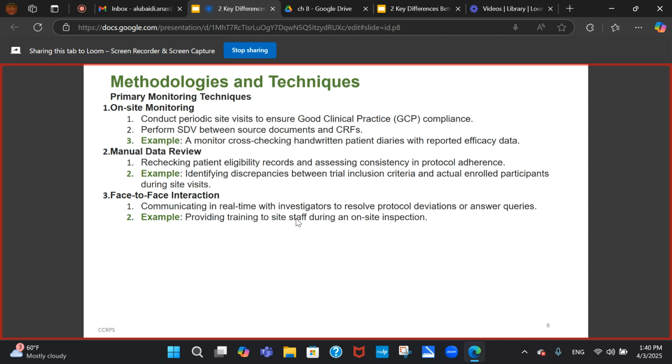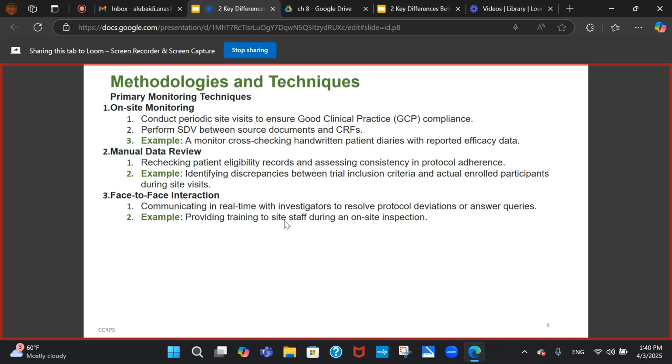And here, the monitor decided to retrain or train the site on that particular issue, whether because of deviation or any discrepancies in work or in data. So the monitor is providing that training face-to-face, in person, while they are performing that on-site monitoring visit.